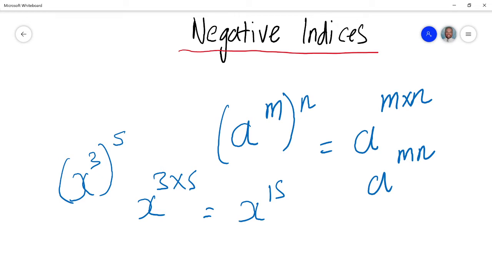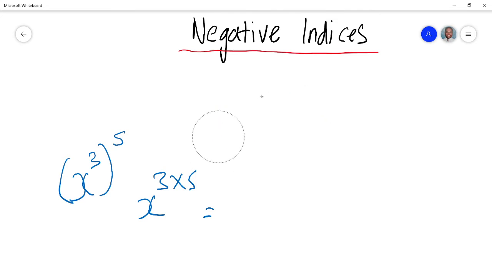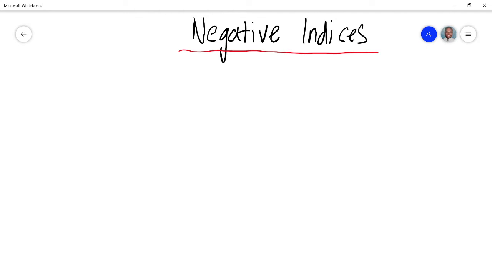The next one is the power of 0. I did mention previously, this is obviously the easiest law to understand. Suppose you've got a to the power 0. That's the same as 1. A simple example, suppose you've got 100 to the power 0. That's going to be 1.